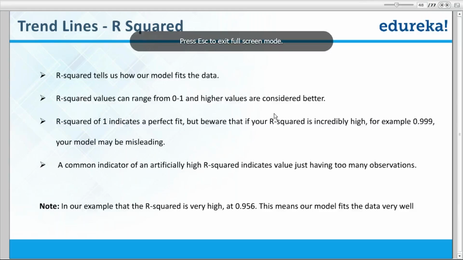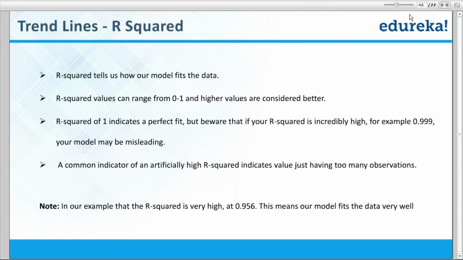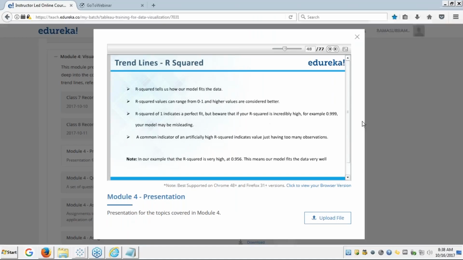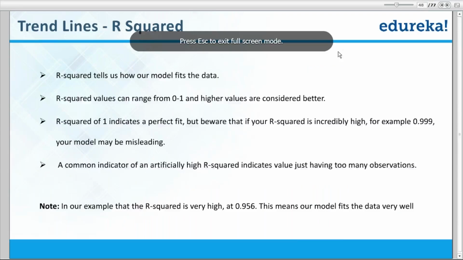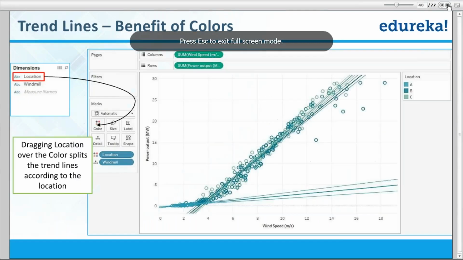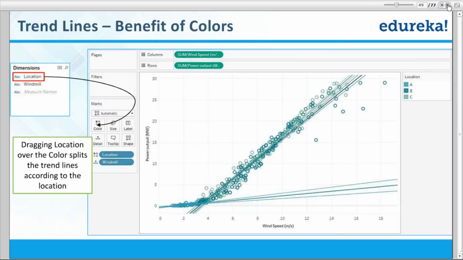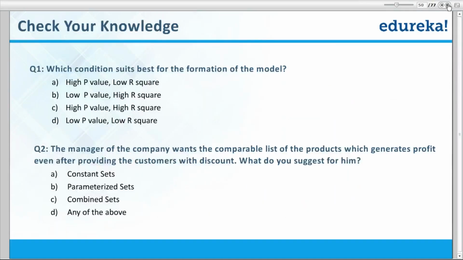In their example the R squared was 0.956. In our example the R squared was not that high, it was like 0.4547. So we have to choose the models accordingly. You can make use of the colors and add the trend line based on that.